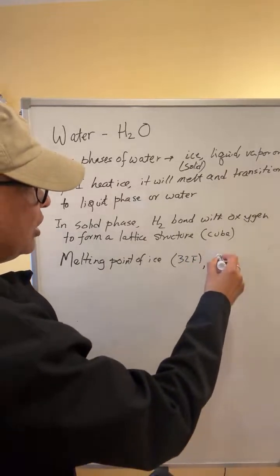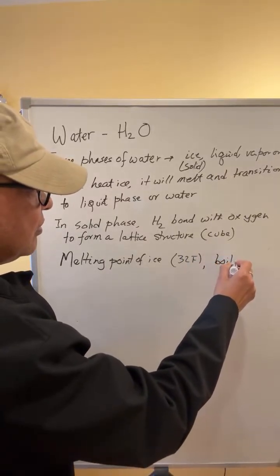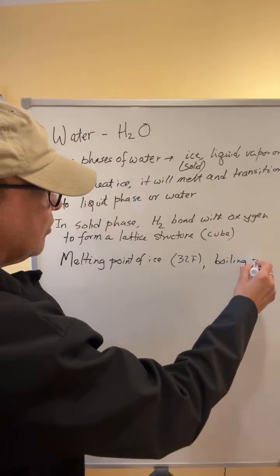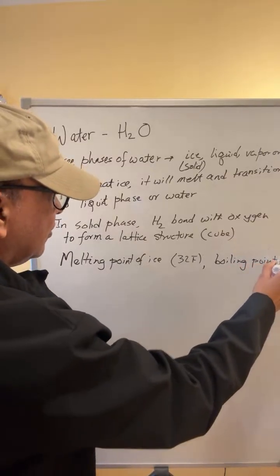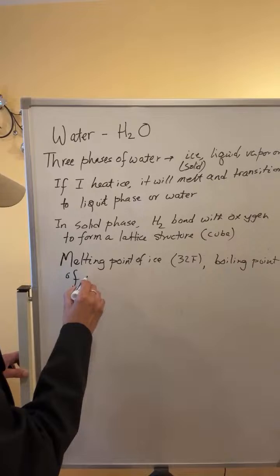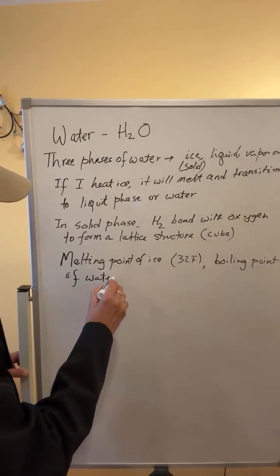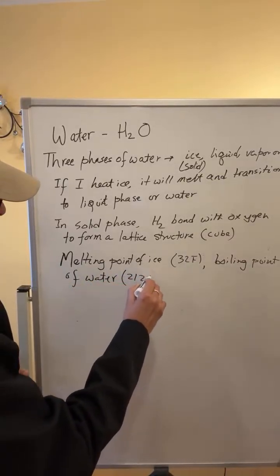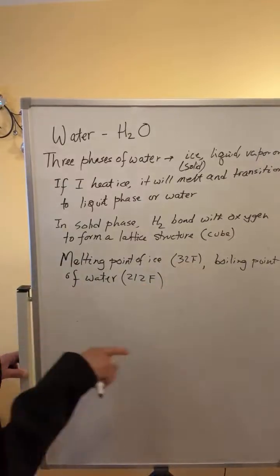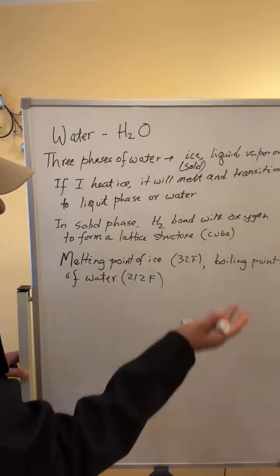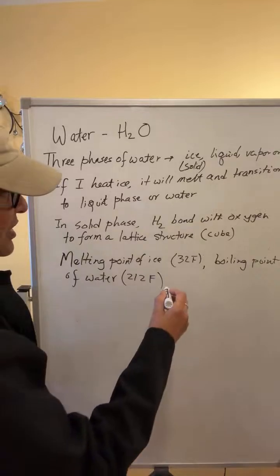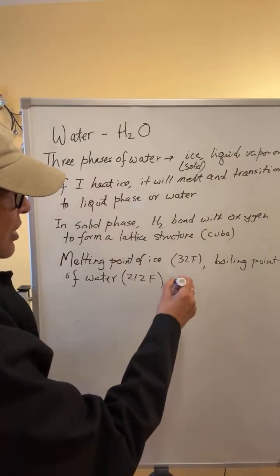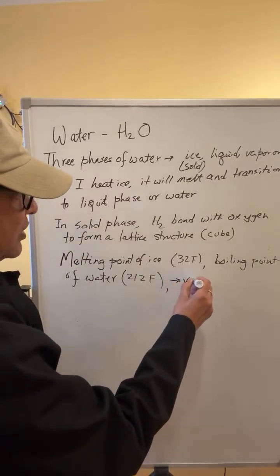Then we have the boiling point of water, which is 212 Fahrenheit. This is where water, when it is boiled, will escape or transition into the gaseous phase, and then it goes into the vapor phase.